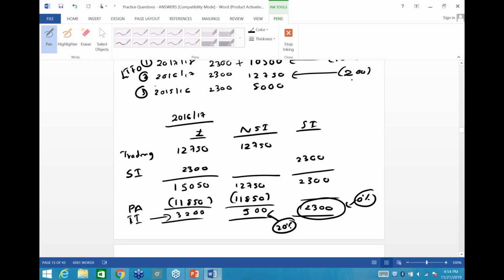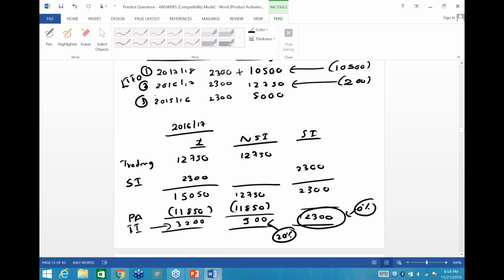Therefore, if you use the terminal loss relief, then we get the opportunity to reduce our taxable income by £200. If you don't claim the terminal loss relief, you will be having a trading income of 900, which will be taxed at 20%.